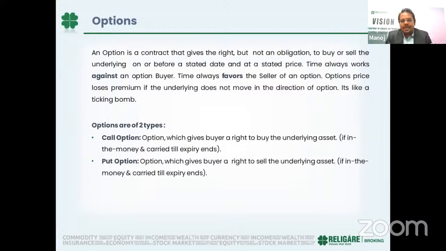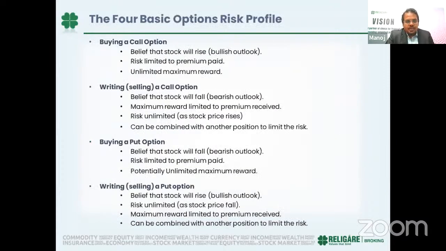So you end up making an intrinsic move on the underlying of 10, but because you have paid a premium of 7 odd rupees, you end up making only 3 rupees. So we'll have more things detailed on that, but primarily a call option would be used to trade the underlying on the positive side, on the bullish side, and likewise, if it is on the bearish side, we use put options.